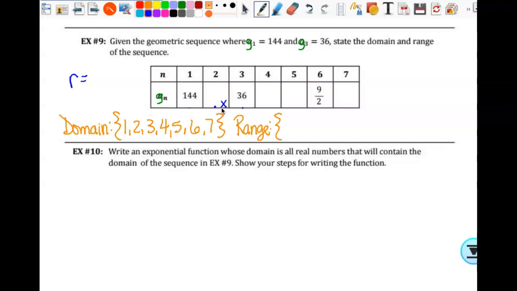So I know, let's see if you agree with me, that if I wanted to find my common ratio, I could put x over 144. Would you agree that that would give me my common ratio? Okay. Another option is I could pick 36 and put it over x. Would you agree that that should work too? Yes? So if both of those should work, then they should be equal.